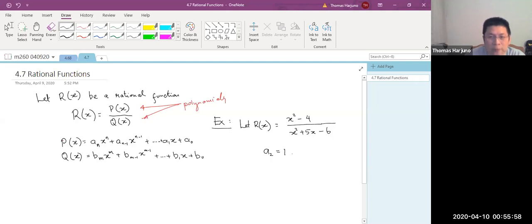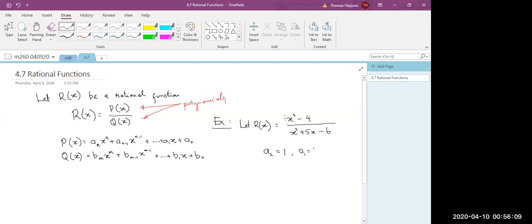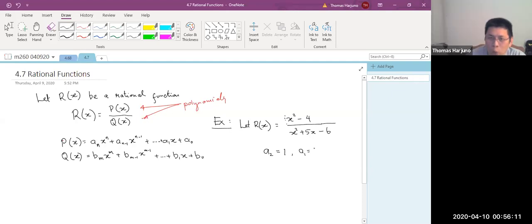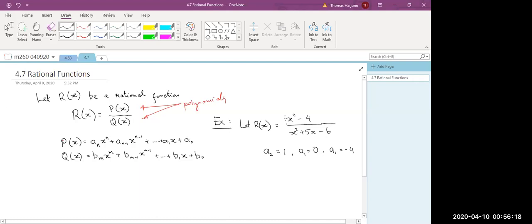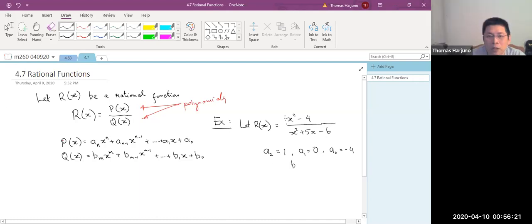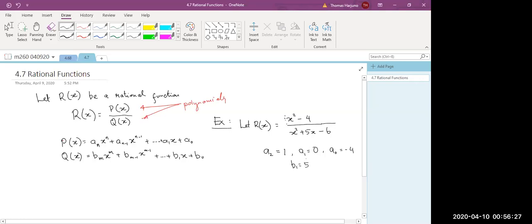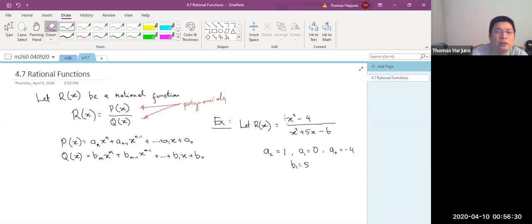That's 1. The one here, this is a2. How about a subscript 1? It's 0. Now, -4 is what? a sub 0, that's right. How about b1? That's 5. Okay, that's just for notation.